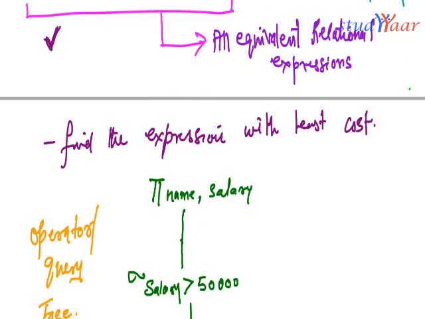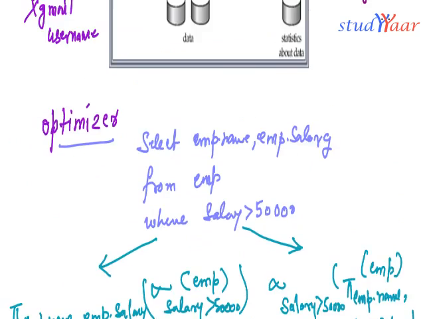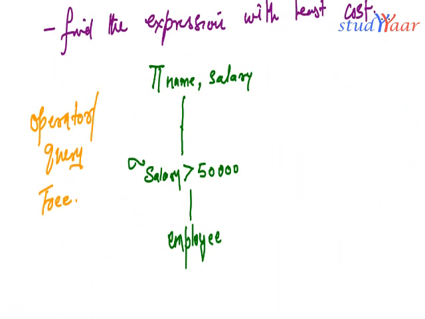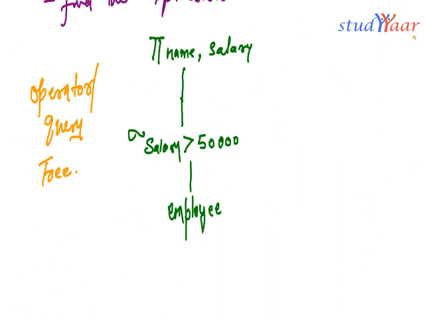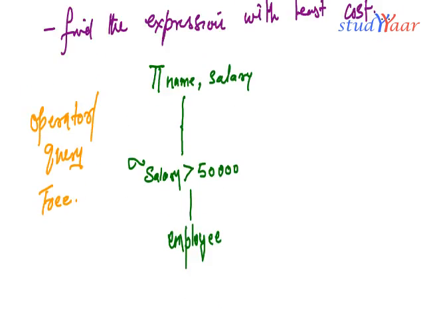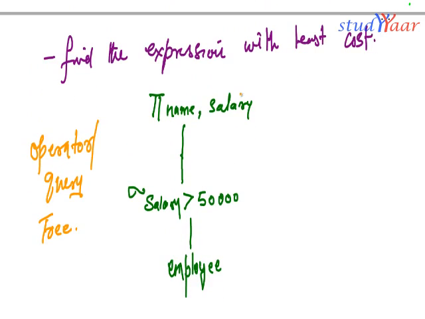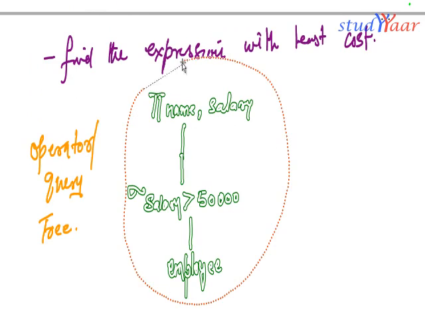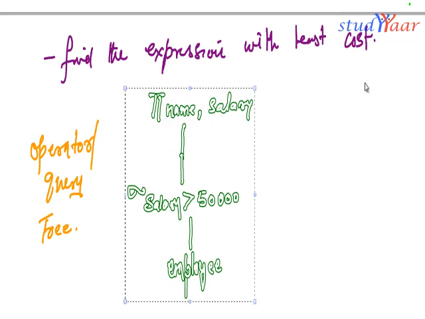Now my optimizer is going to find the best algorithm to execute this relational algebra expression. So when I specify the algorithms as well in my operator tree, I get an evaluation plan. Okay, so let me just copy this thing over here, and I say paste.